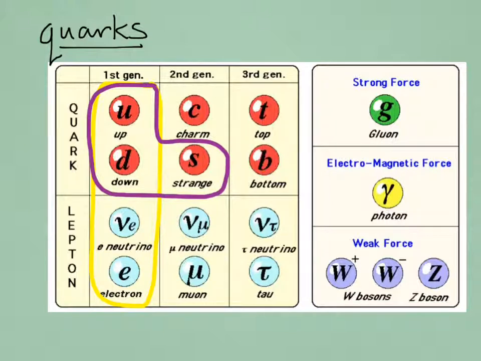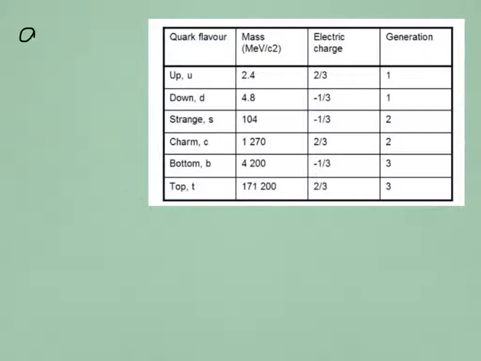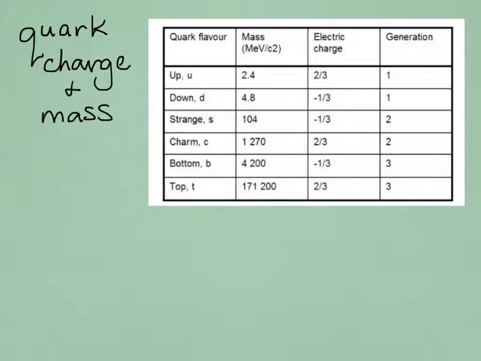Okay, so we're only going to be interested in things that you can make out of these three quarks. There are obviously lots of other possibilities if you include all six quarks. So here's a table of quark charge and mass. If you look down at the masses, you can see they get more and more massive as you go further down.